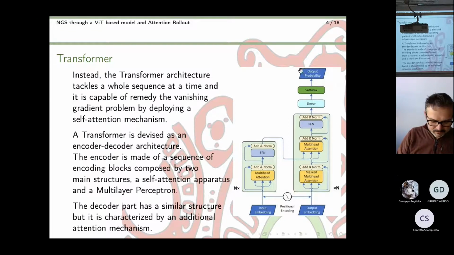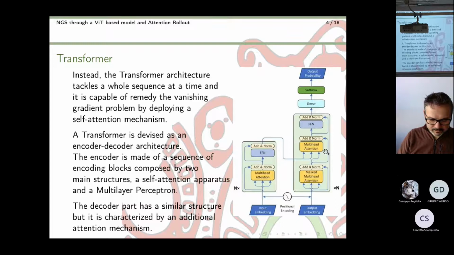Then the transformer has an encoder-decoder architecture. The encoder part has a multi-head attention layer and a multi-layer perceptron layer, while the decoder part has a very similar structure, but here we can observe an additional multi-head attention layer.